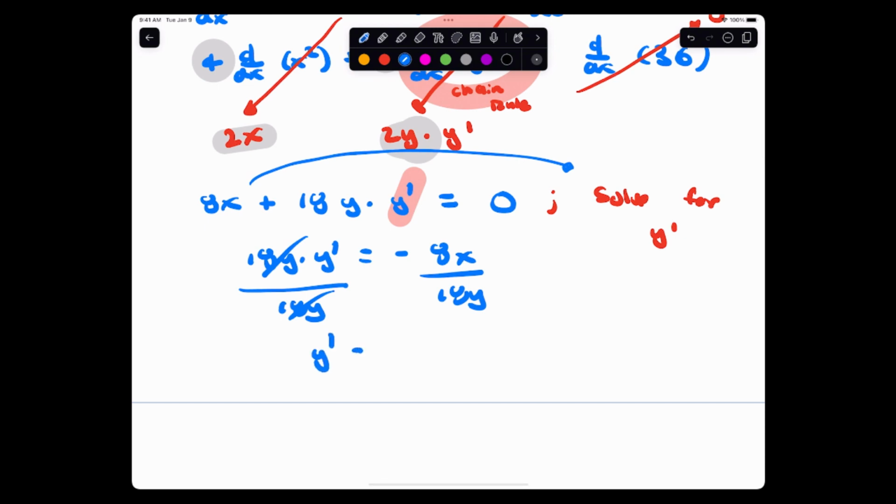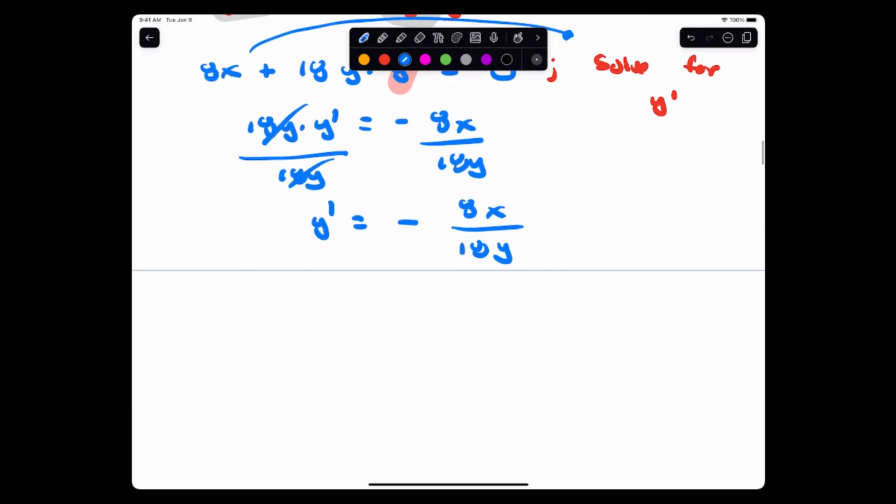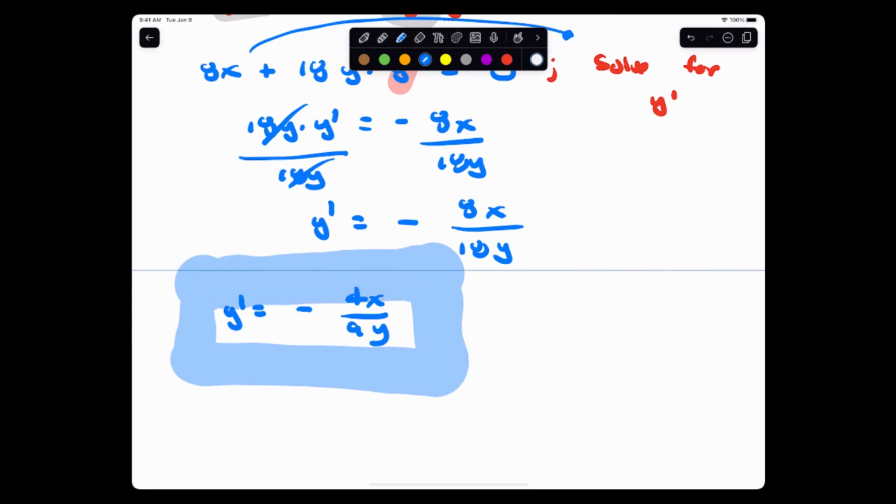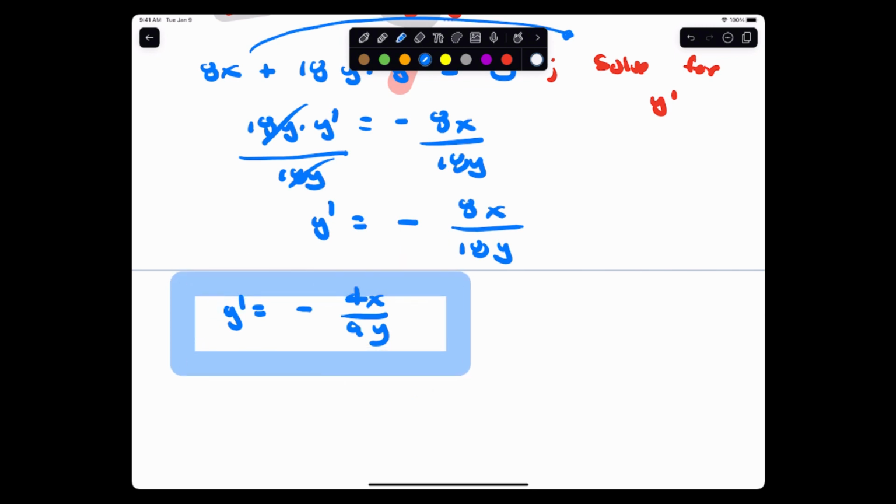So y prime will be negative 8x over 18y. So you can simplify that. 2 goes into 8 4 times, and 2 goes into 18 9 times. So ladies and gentlemen, there is your derivative. There's your dy/dx.